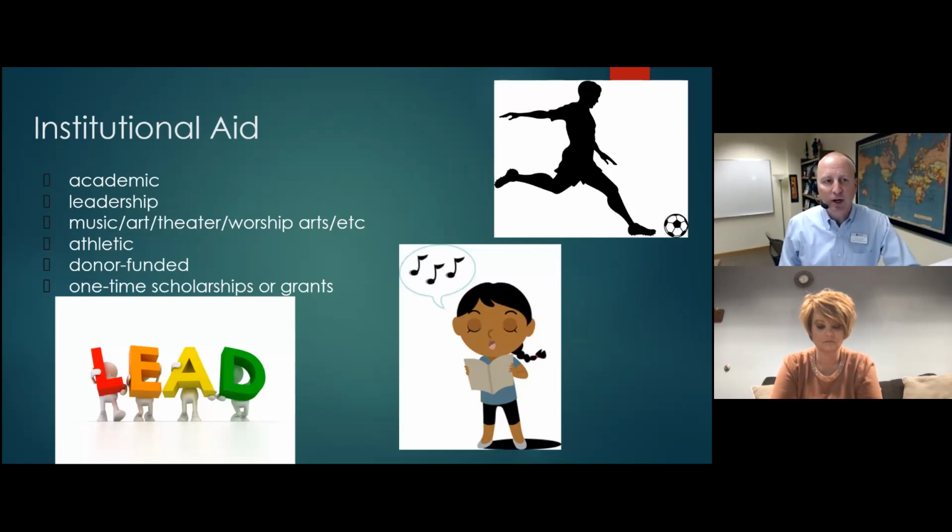Athletics is a very important part of aid. If you are an athlete, please recognize that along with being admitted to your institution, you also need to meet the eligibility requirements of the governing body, the athletic body that supports those athletics across the United States and Canada. The two largest ones in the United States and Canada are the NAIA and the NCAA.